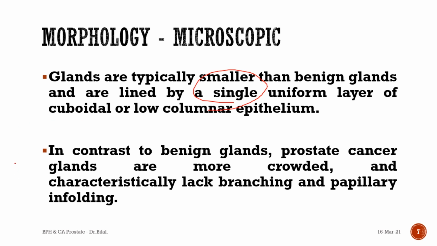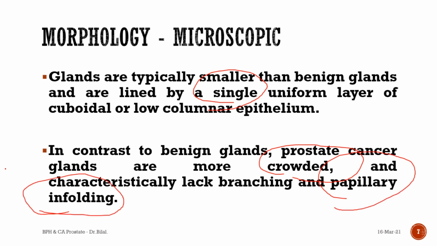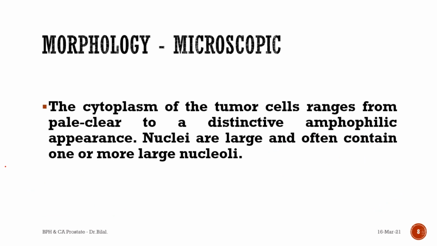It may be cuboidal, may be columnar, but single layer; the outer layer of myoepithelial cells is lost, and the glands appear more crowded, and they lack the branching and papillary enfoldings that are sometimes seen with benign prostatic hyperplasia. The cytoplasm varies. It may be clear, it may be amphophilic in appearance, and nuclei are generally large, and they may show large prominent nucleoli as well.